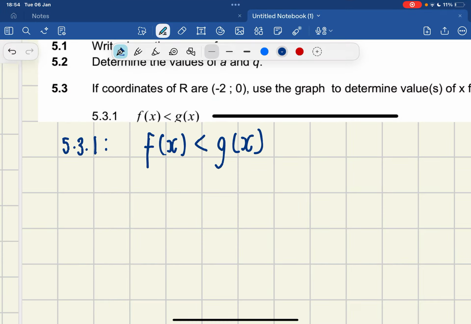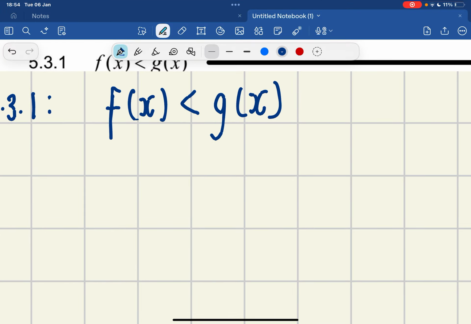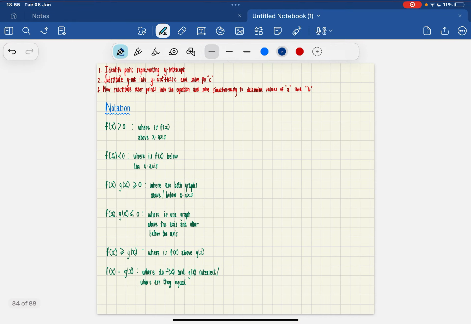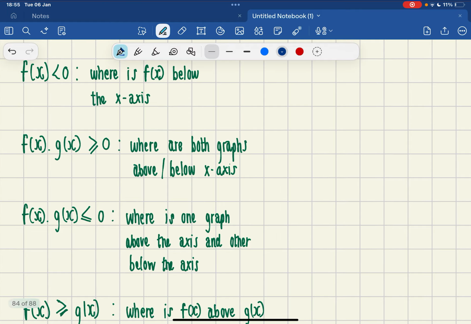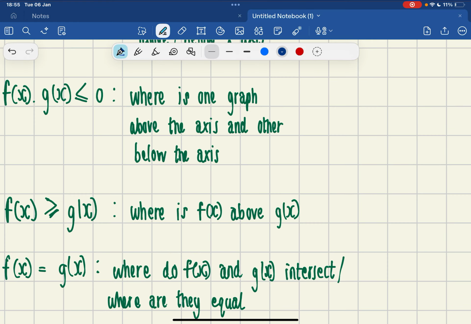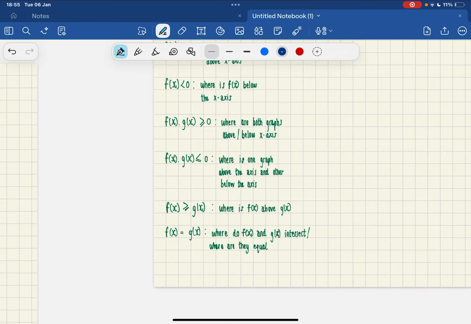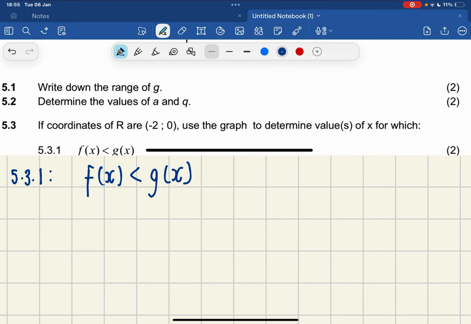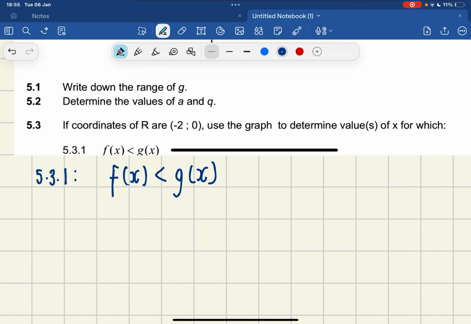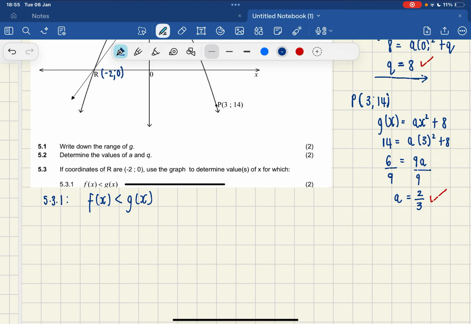It says where f(x) is less than g(x). When we interpreted this, boys and girls, we said that if something is greater than another function, it's where that function is above the other function. So here, it's where g(x) is above f(x).